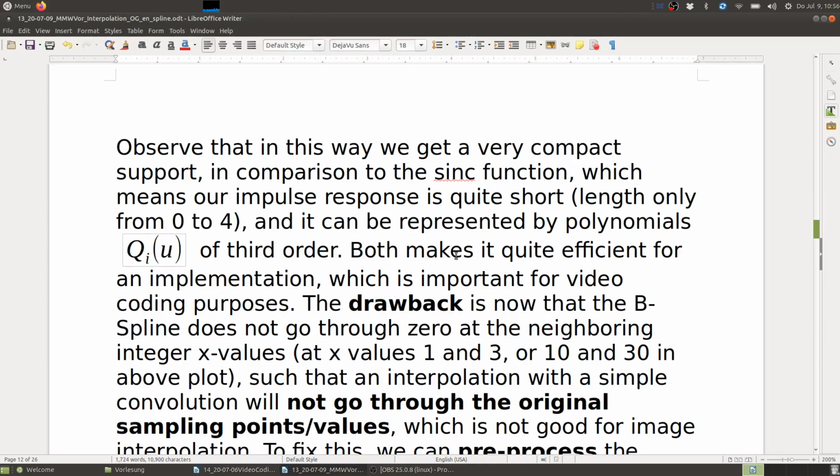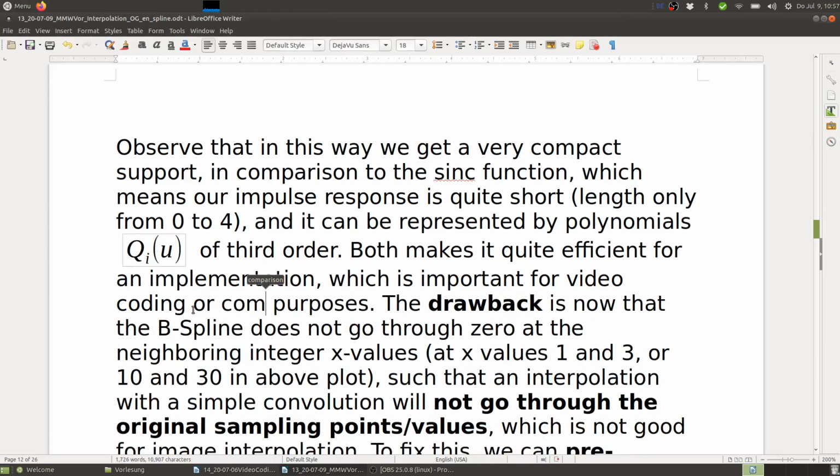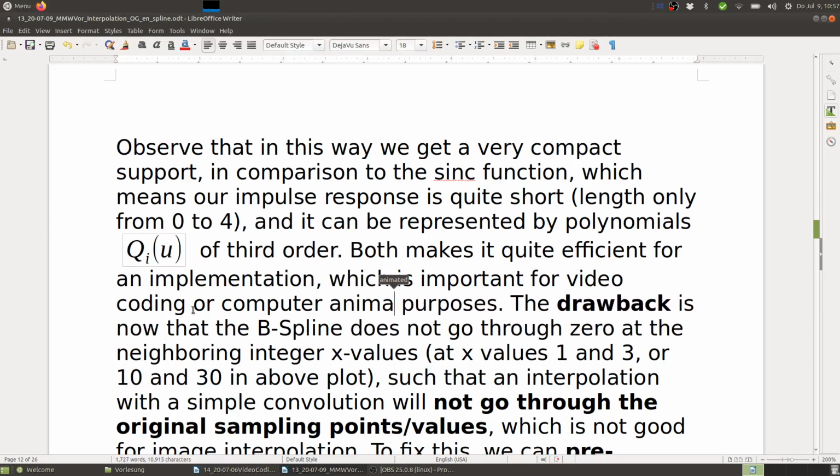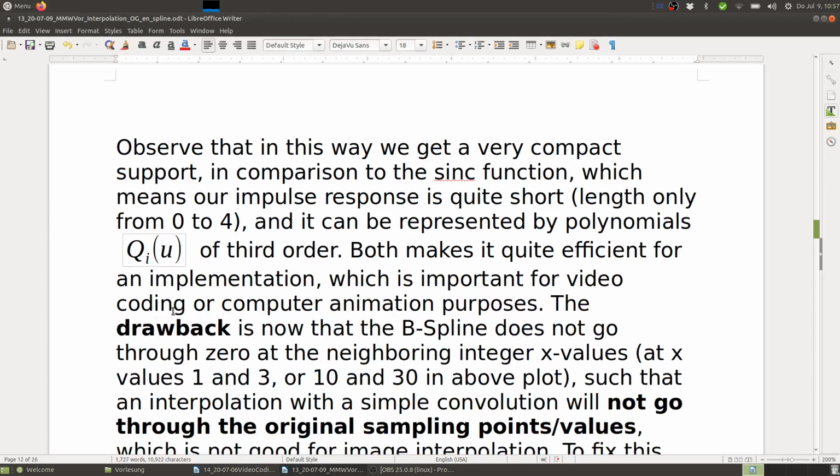Both makes it quite efficient for an implementation which is important for video coding purposes, for instance, or computer animation. So actually video coding is another application for this good interpolation, because there you need to interpolate also motion along time to get good prediction.